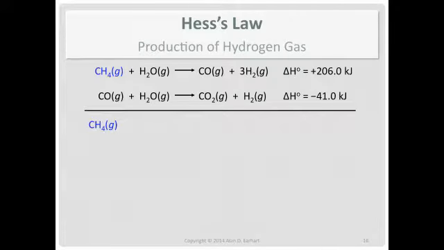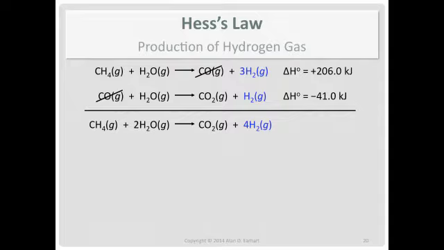So we have a CH4, we have two H2Os, we see that there's a carbon monoxide on both sides, so we'll go ahead and remove it, just as if it were Z. We have a carbon dioxide, and we have 4 hydrogen gases.